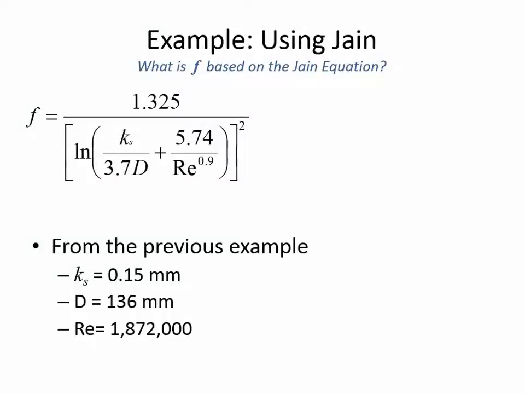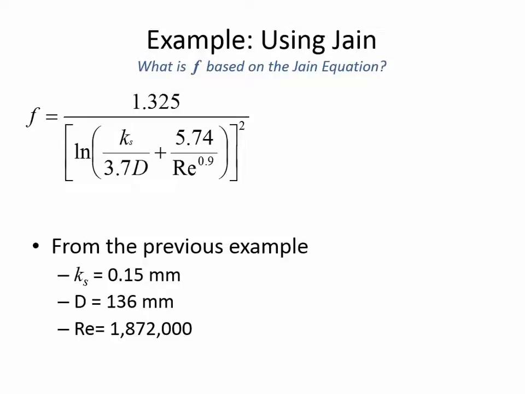So the Jain equation: f is equal to 1.325 divided by the logarithm of 0.15 millimeters, which is the k sub s, divided by 3.7 times the diameter. Remember, we have to have the diameter in the same units as the roughness, meaning millimeters. Otherwise, that won't work out.